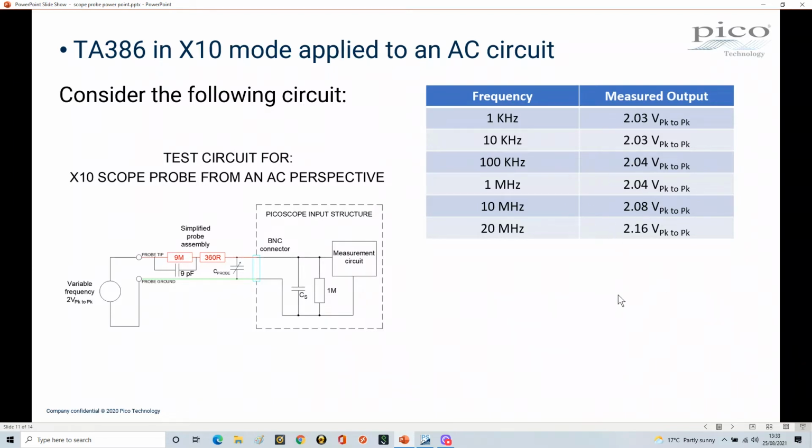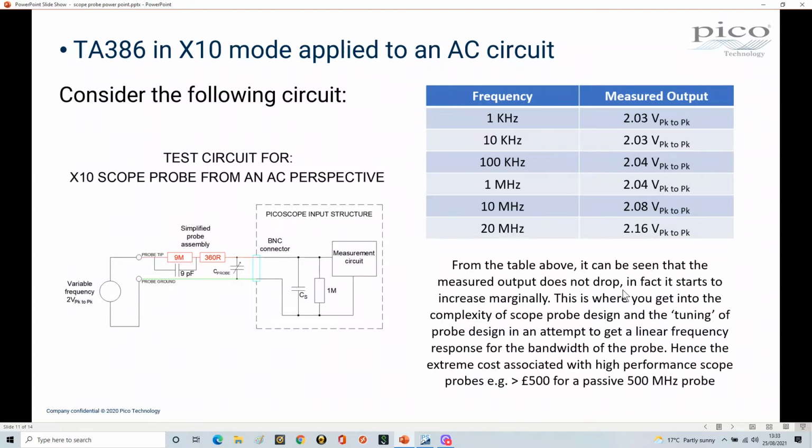However, this is changing. And what's actually going on is that this is becoming a tuned circuit. And this is where you get into the complexity of oscilloscope probes. You've got capacitance, you've got inductance, you've got the lead that's actually connected to your signal generator. There's reflections in the line at higher frequency.